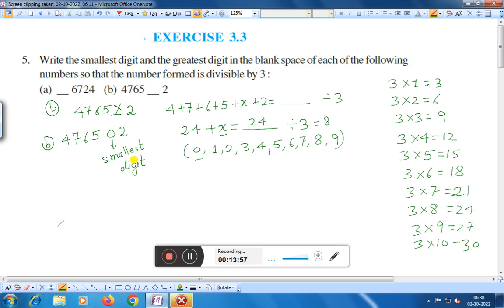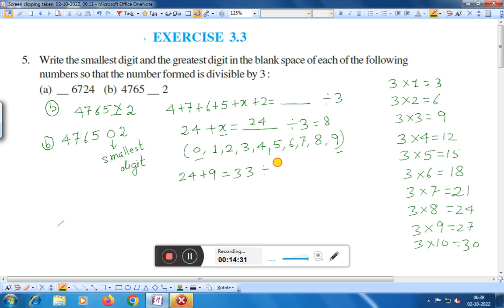Next, suppose the greatest digit is 9. If you put 9, what are we getting? 24 plus 9, that is 9 plus 4, 13, carry 1, 33.